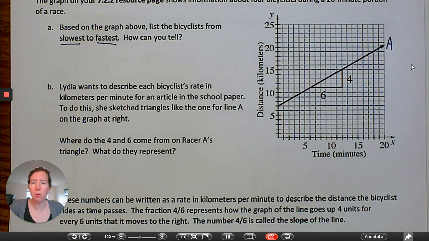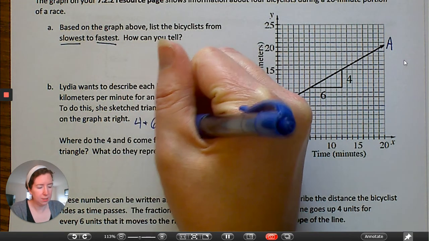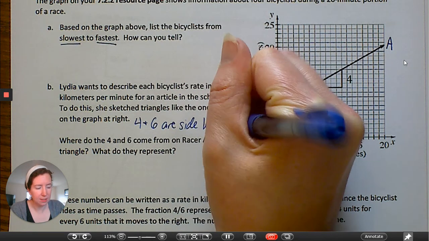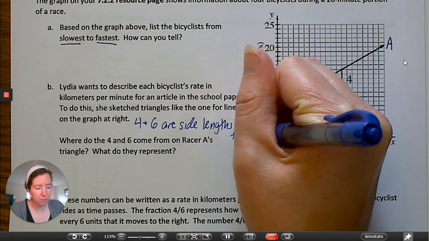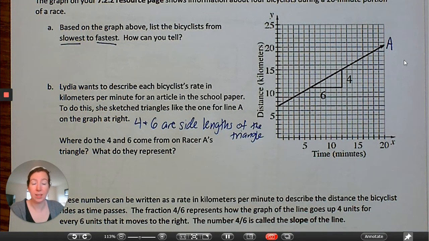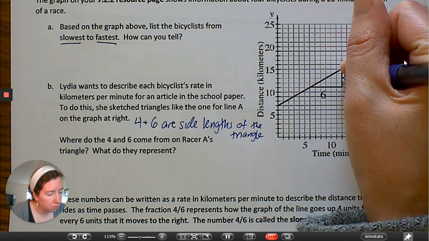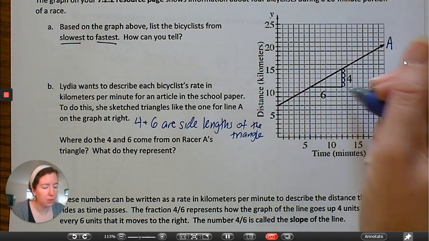Okay, so where did this 4 and 6 come from on Racer A's triangle? 4 and 6 are just the side lengths of the triangle, at least the ones that we can count. And we can count that it's 4 because we just jump 1, 2, 3, 4. And then the same with 6, 1, 2, 3, 4, 5, 6.